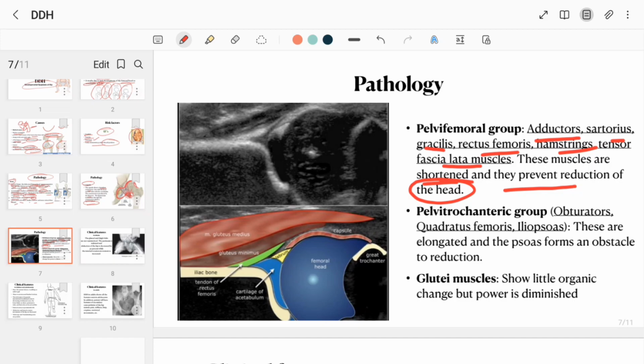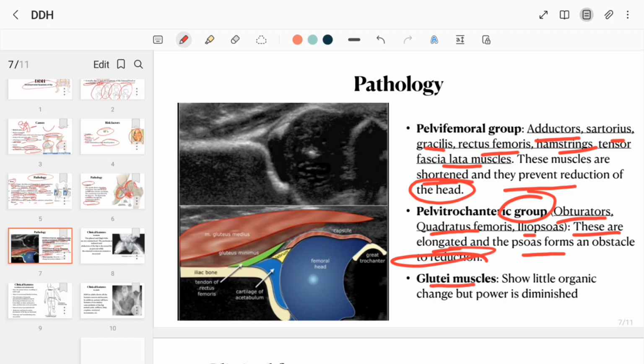Okay, the another is the pelvitrochanteric group, including the obturators, quadratus femoris, and the iliopsoas. These are enlarged and the psoas forms a barrier to reduction. That also causes the DDH.